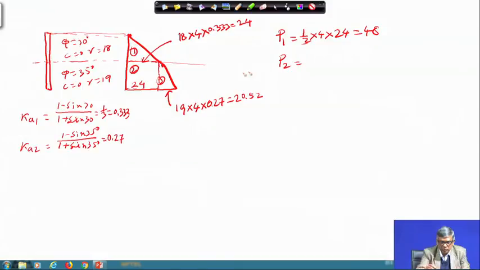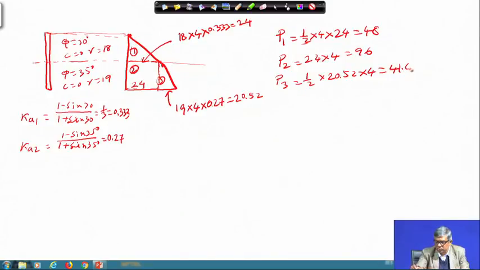P2 will be equal to 24 multiplied by 4, that is 96. And P3 will be half multiplied by 20.52 multiplied by the height, which is 4, so that is 41.04. Then PA will be equal to 48 plus 96 plus 41.04.